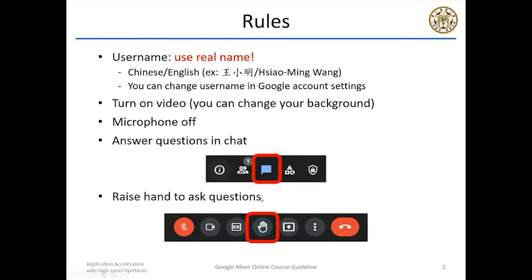And if you have any questions, please click the raise hand button to ask questions. I'll unmute your microphone and you can ask your questions online. Okay, that's it for the online guideline. Any questions?